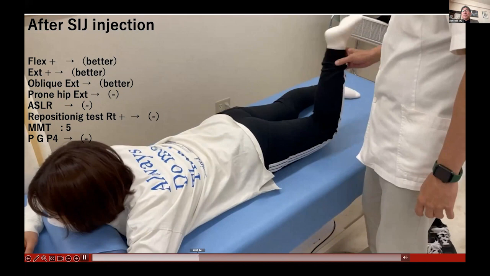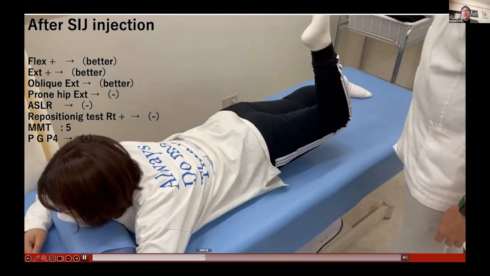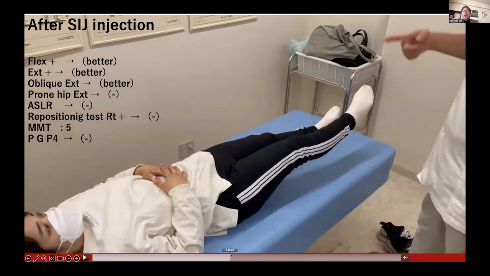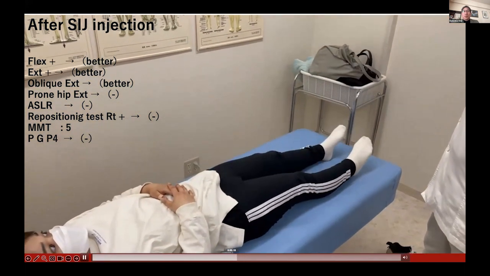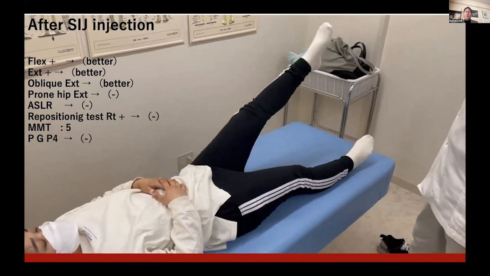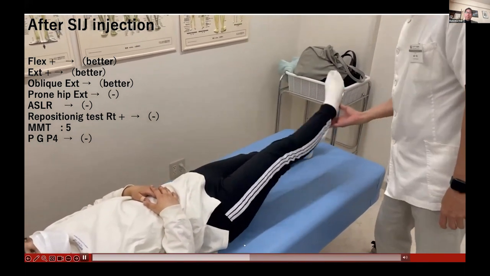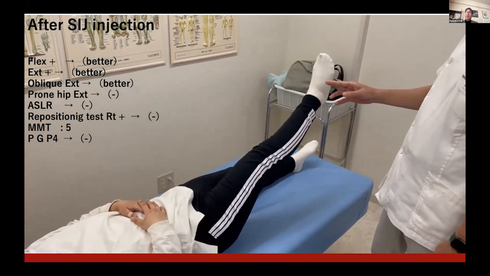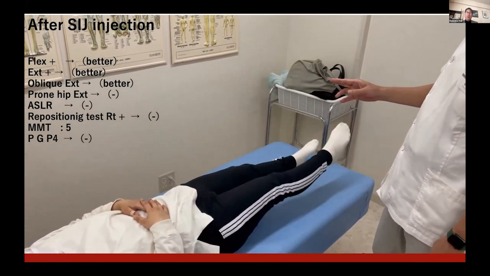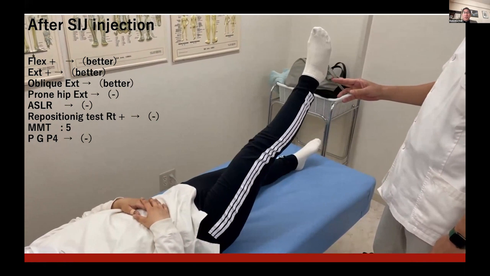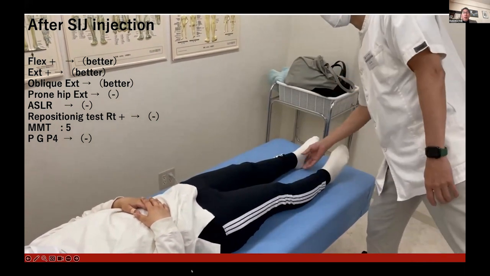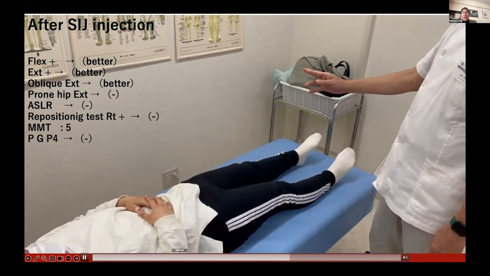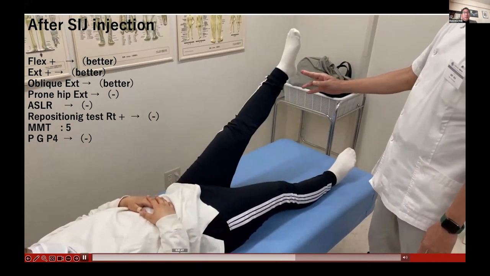She said it's getting better. And the SLR test became negative. And the repositioning test after injection also improved. Based on these responses, her back pain was diagnosed as sacroiliac joint disorder.